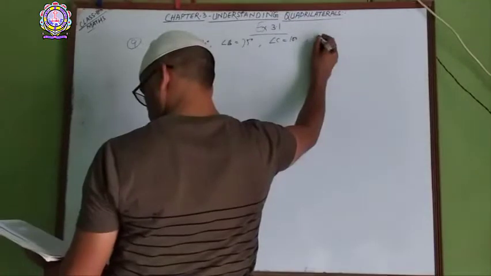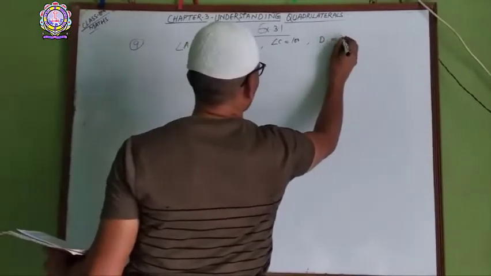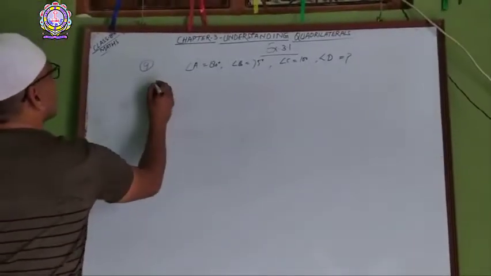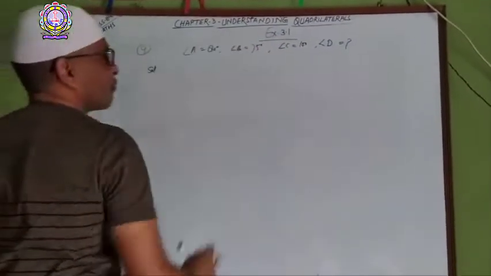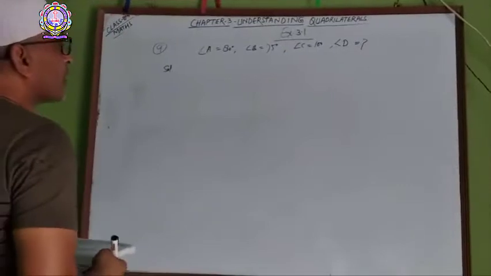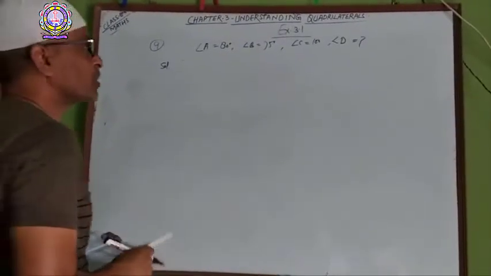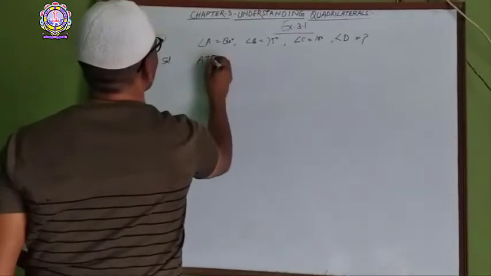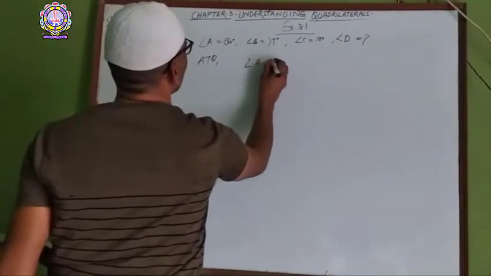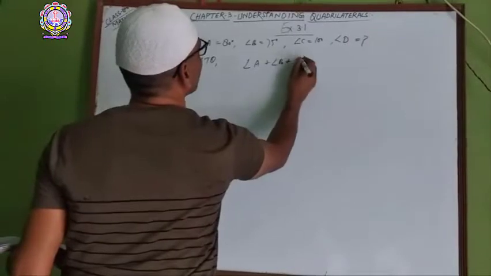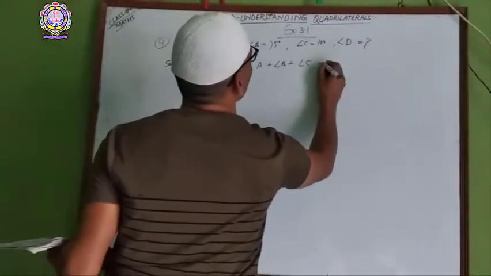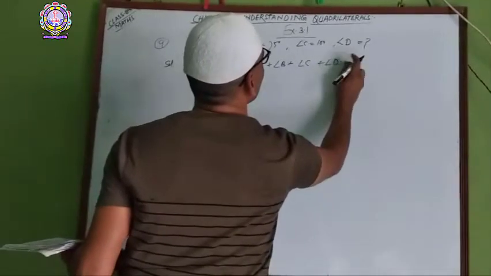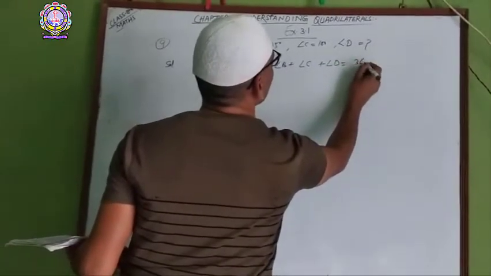Find angle D. You know that in a quadrilateral, the sum of all four angles must be equal to 360. Okay, angle A plus angle B plus angle C plus angle D must be equal to 360.